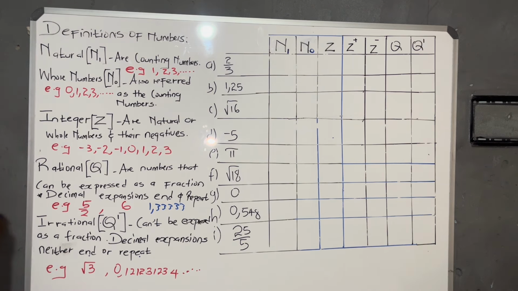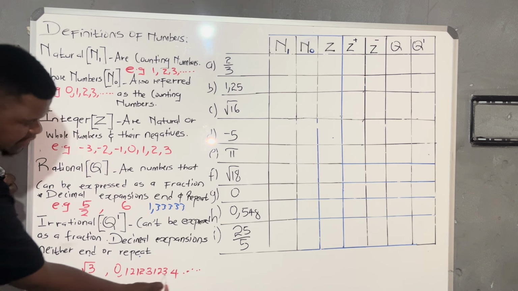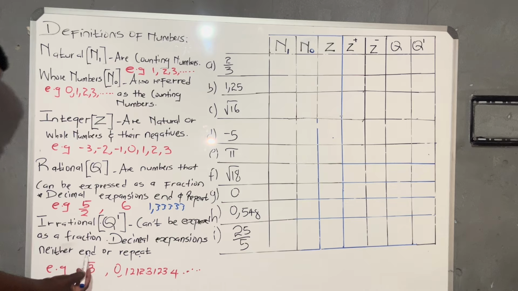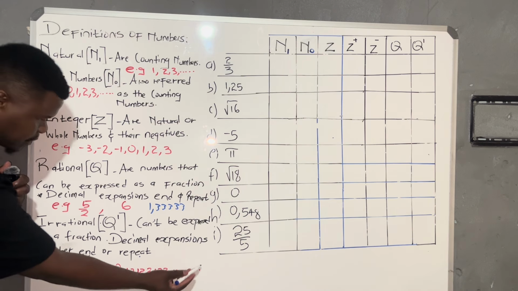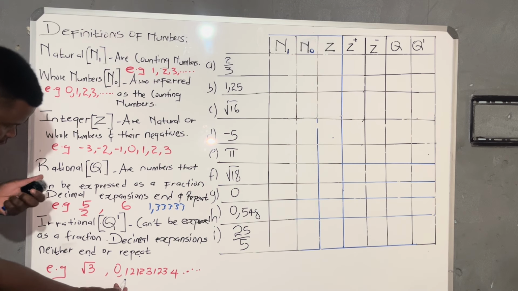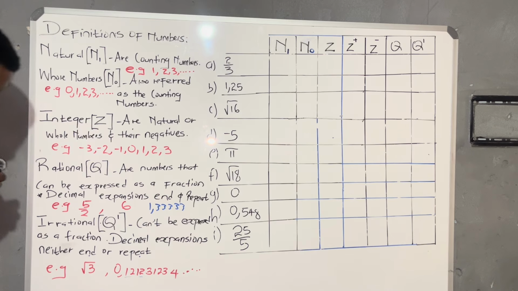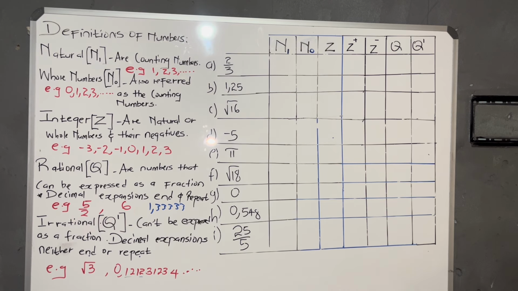It's something that will just continue. You can see here, this is a continuous number, and when you say it doesn't end, it means it continues. And there's no repetition. If you check, yes, one can say now I see a 12 there. It's only those two numbers, but it doesn't repeat itself.